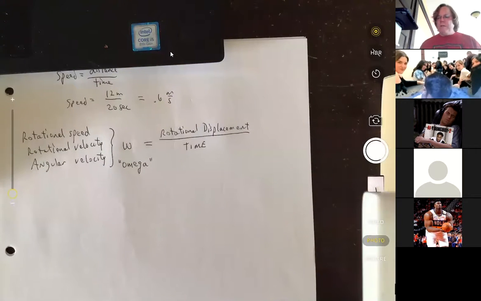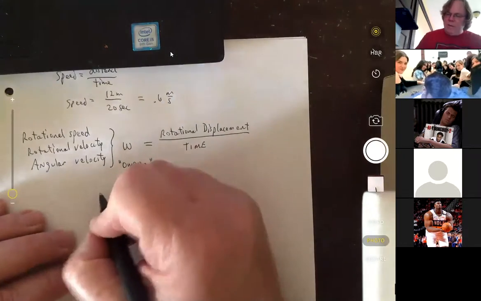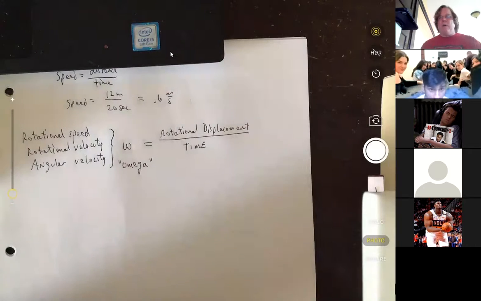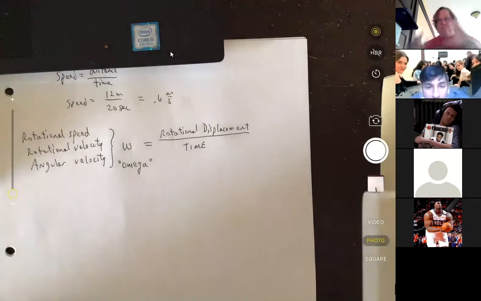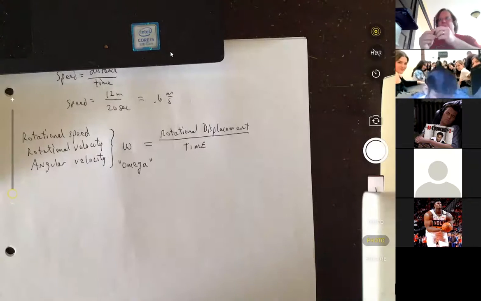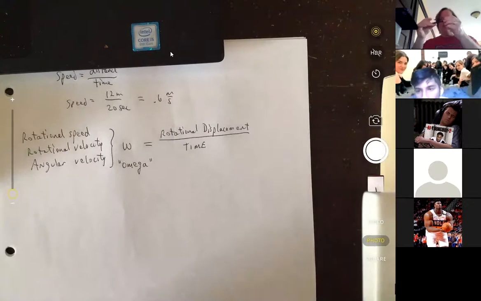Now, rotational displacement has many measures. The angular displacement, that is not how far you went. Looking at my live video, it's not going to be how far the pen goes translationally. It's going to be how far this pen rotated.